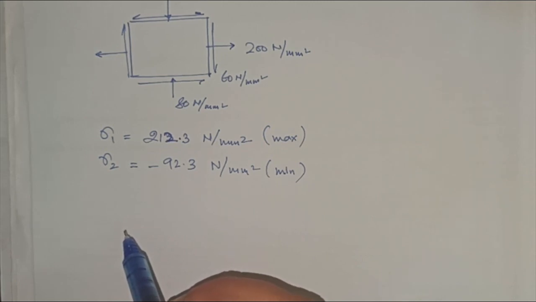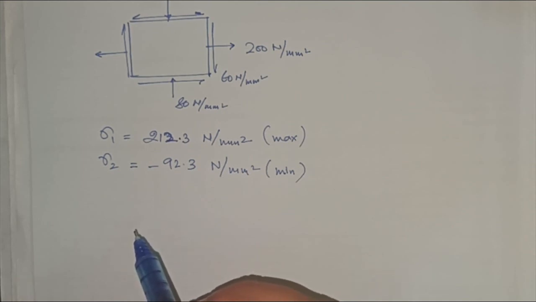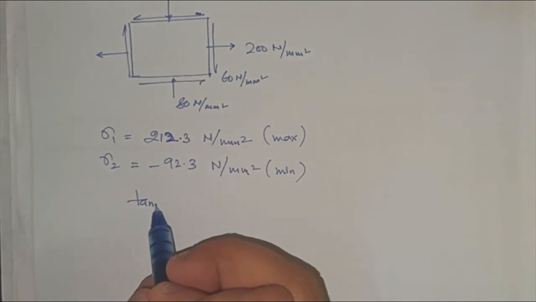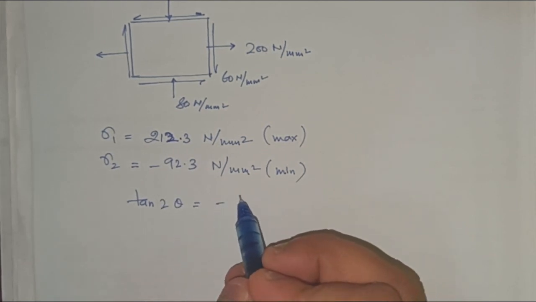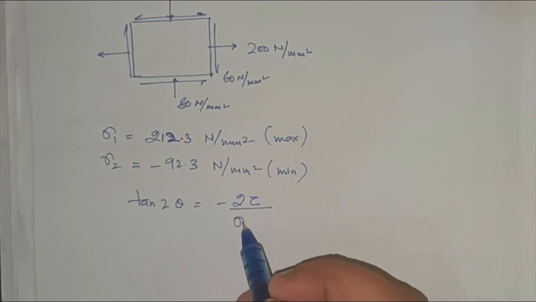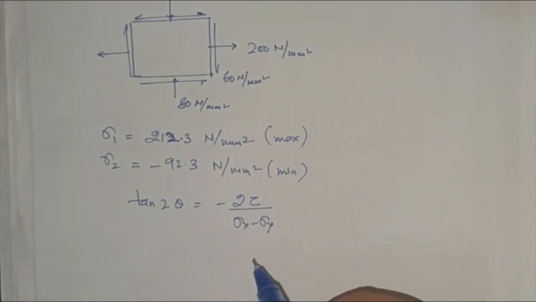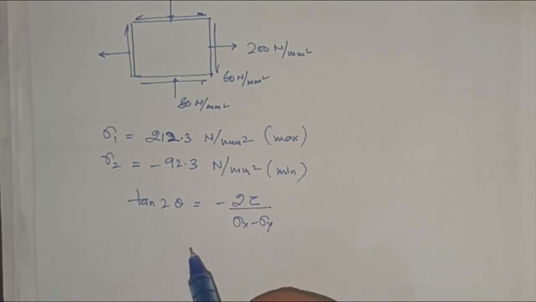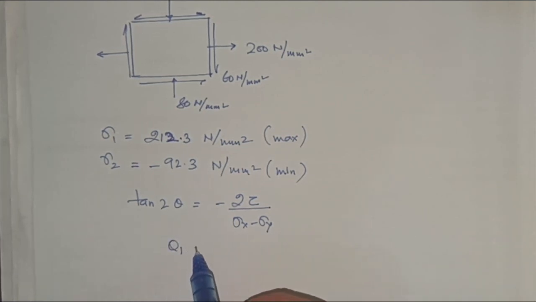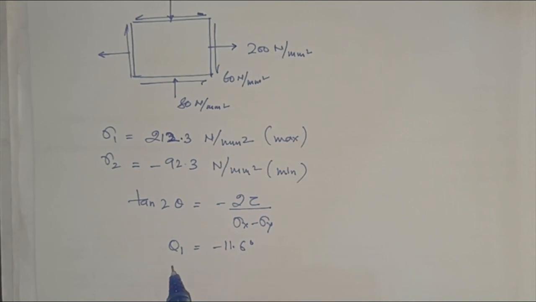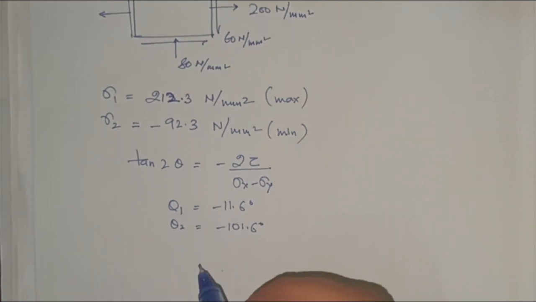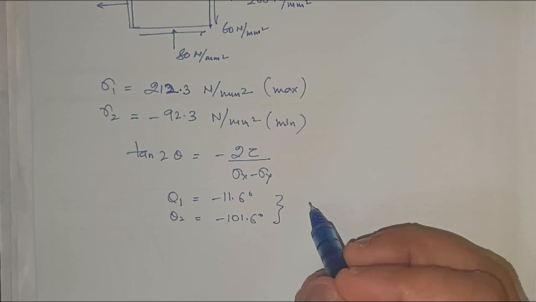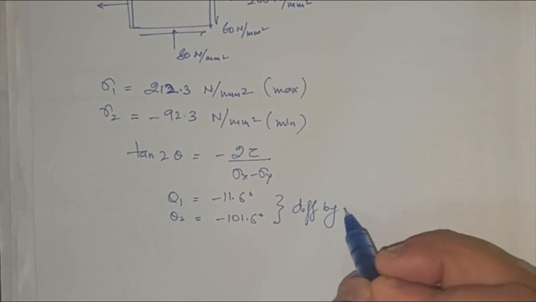Now what will be the orientation of these principal stresses? Use tan 2 theta equal to minus 2 tau upon sigma x minus sigma y, and put in the values. You will be getting theta 1 as minus 11.6 degrees and theta 2 as minus 101.6 degrees, and you can see that they differ by 90 degrees.